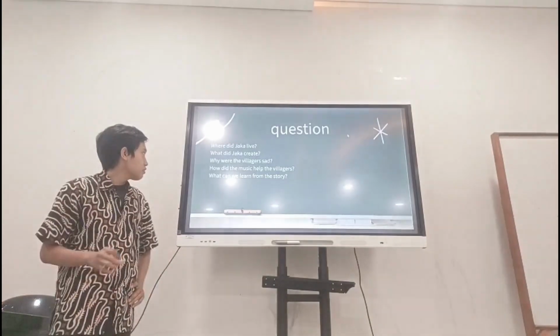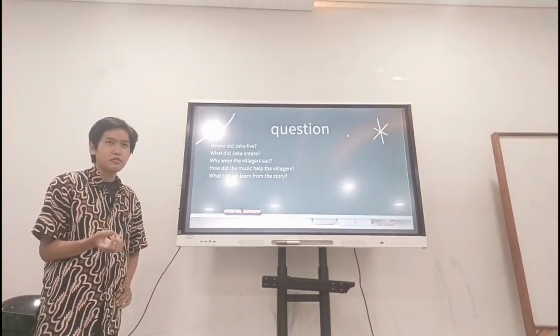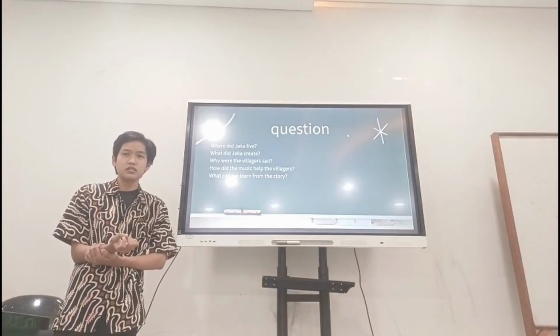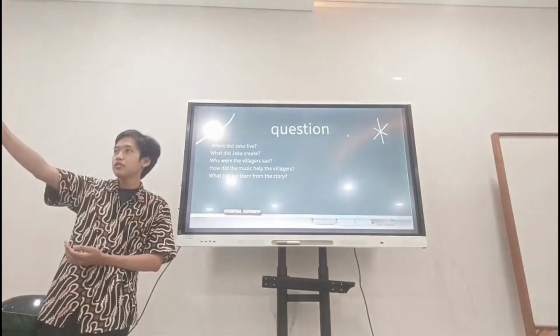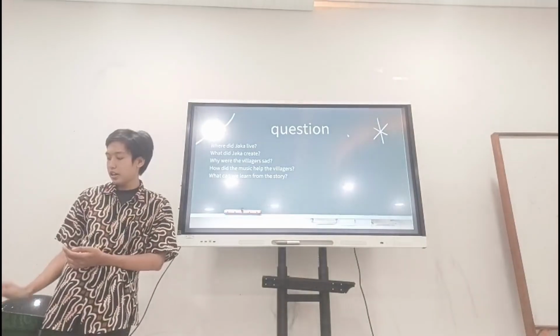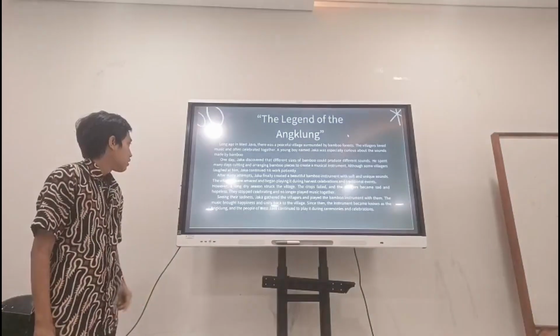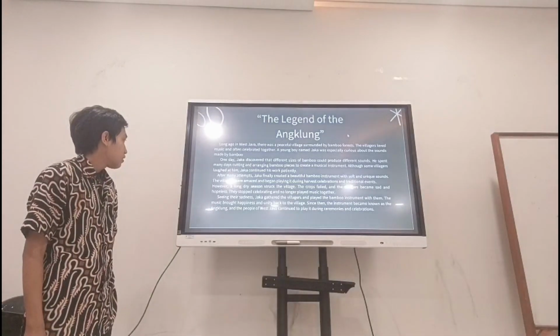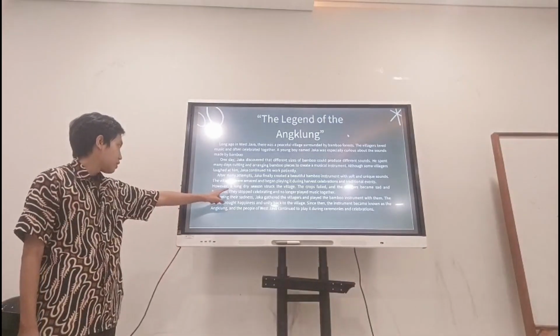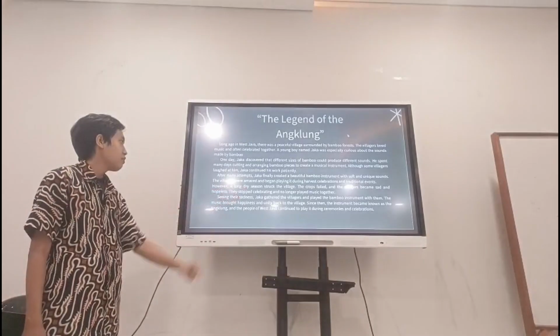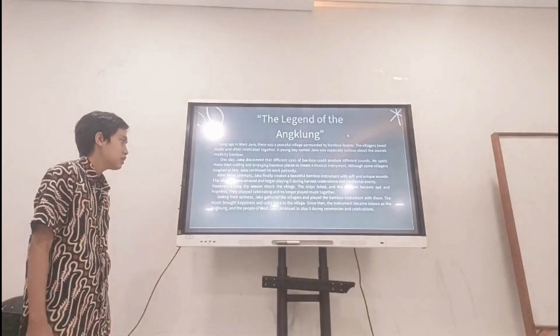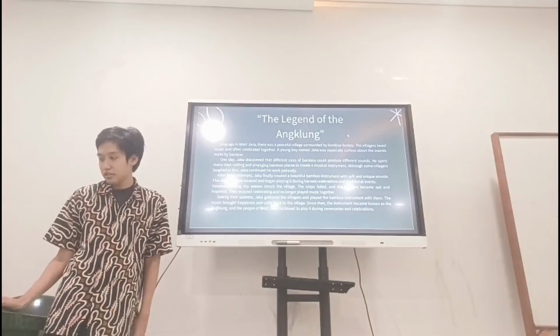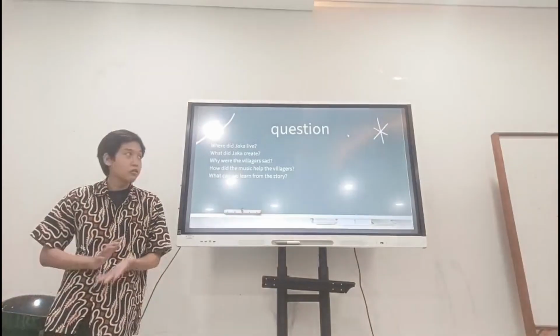The third question is, why were the villagers sad? Okay, it's correct because a long dry season struck the village. The crops failed and the villagers became sad. Next question.